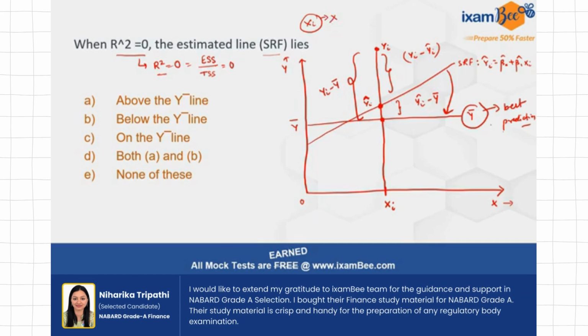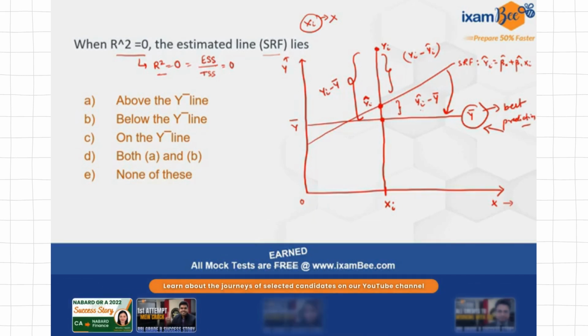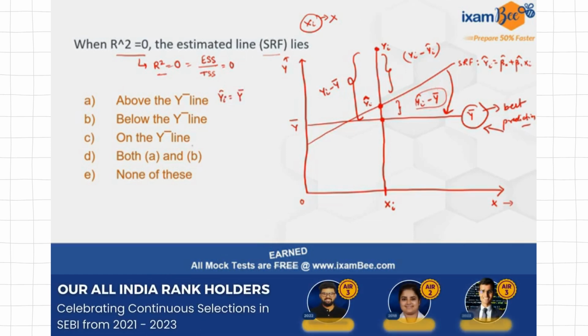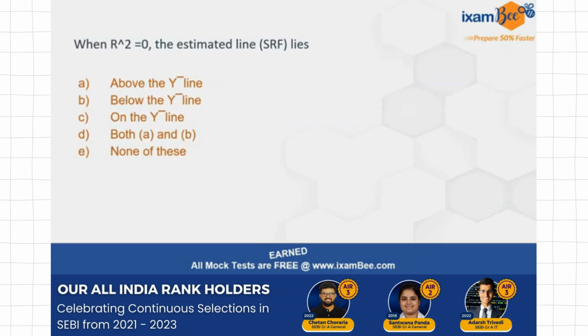So the best prediction for this model is actually y-bar. That's why the sample regression function line will converge on this y-bar line in this case. So this essentially means that your yi hat is equal to y-bar. Hence, the right answer is option C here.